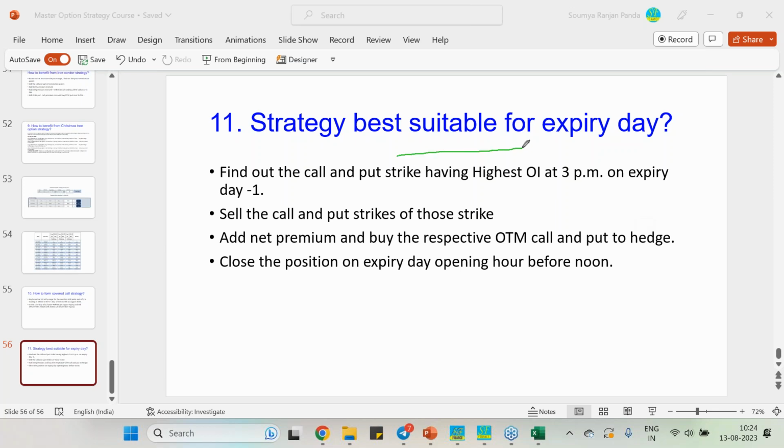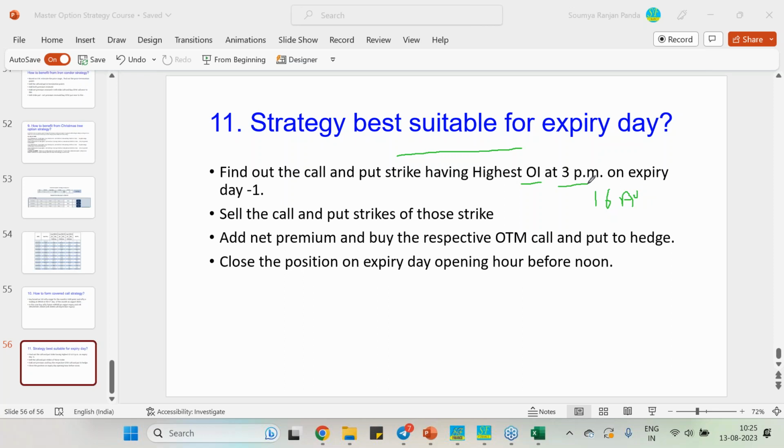Strategy best suited for expiry date. This is the day you should study open interest. So expiry date minus 1. The 17th is the expiry, 16th of August. By 3 o'clock you have to see which strike has the highest open interest in call and put.